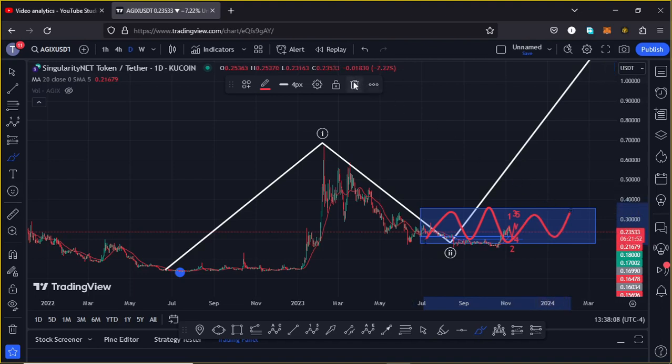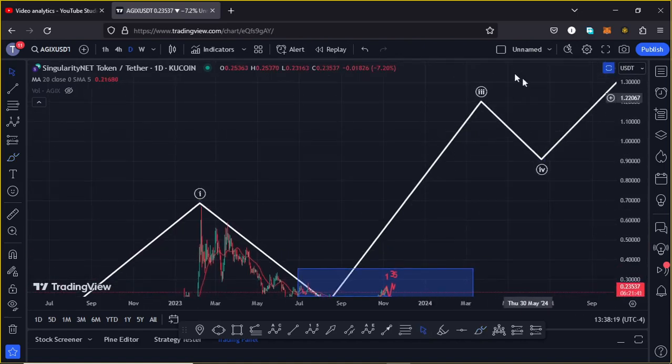And there are high chances that we have now bottomed out in the formation of this wave 2, and AGIX is now ready for a massive pump in the formation of a larger Elliott wave count 3.